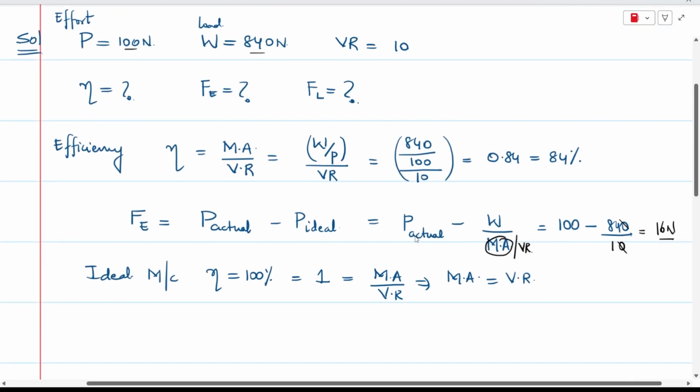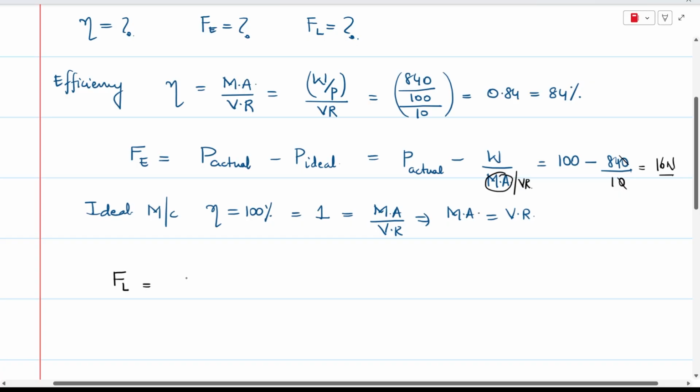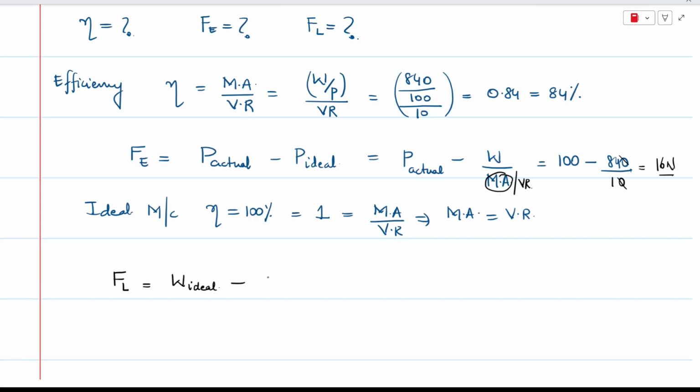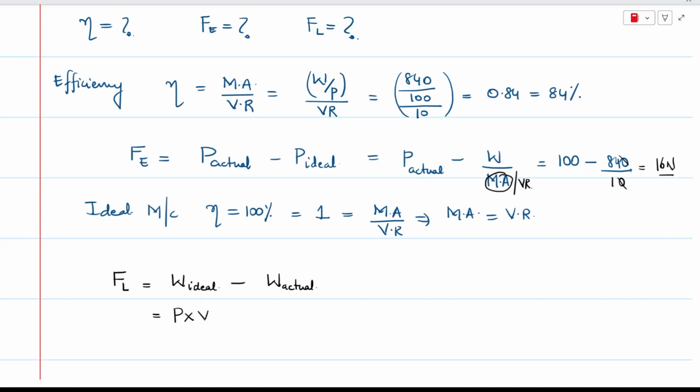In the same way, the friction at the load side, that is FL, is equal to the ideal load minus the actual load. The ideal load can be expressed as effort into velocity ratio, minus the actual load.